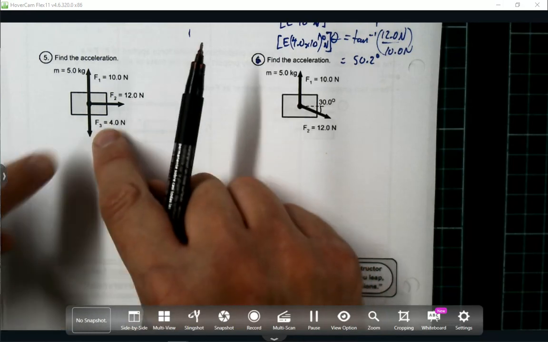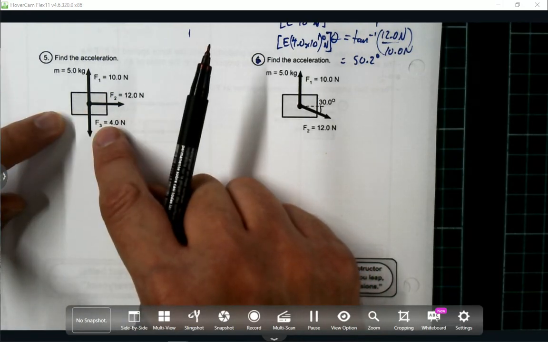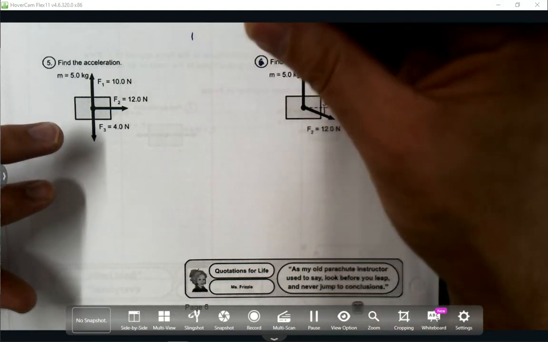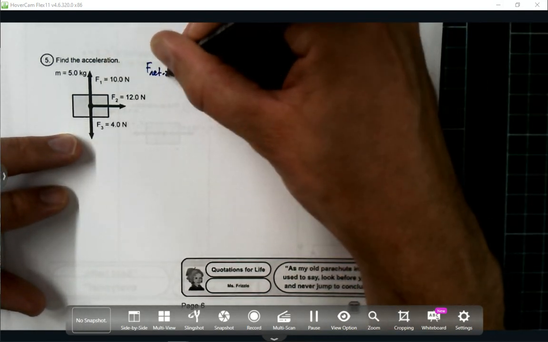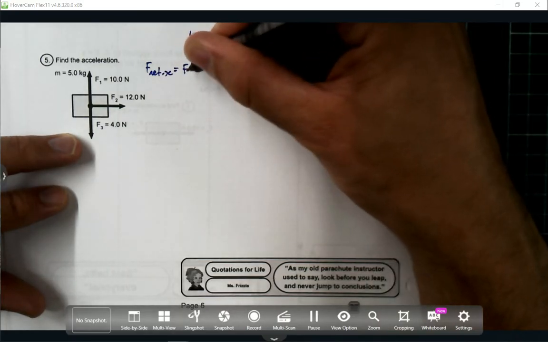All right, so I've got this free body diagram already laid out for me. The first thing that I might want to do is think about what's going on in the x and y directions independently. So I might say, okay, well, F net x is just going to be my F2 value.